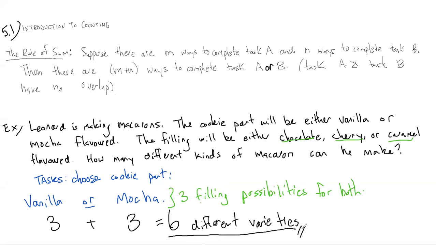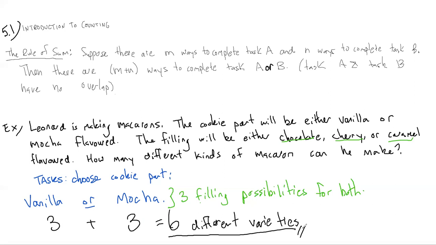And so yeah, that's the general principle of this rule of sum. As long as you have 2 distinct non-overlapping cases, if we're allowed either of those cases to fit our criteria, then you would add the number of cases. And so we get 6 here, 3 plus 3 is 6.